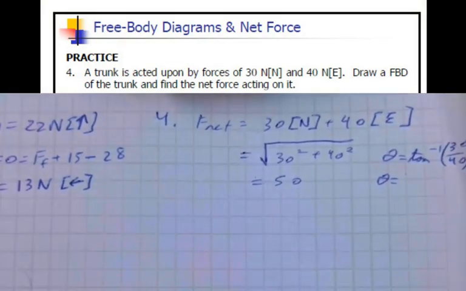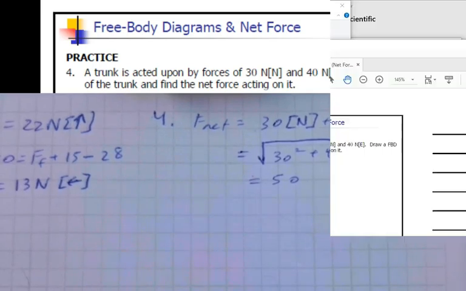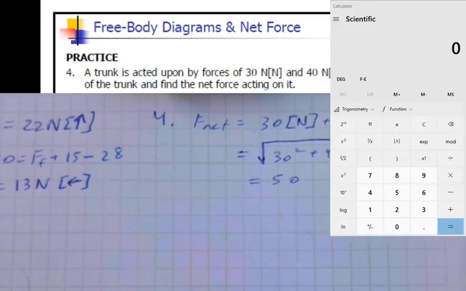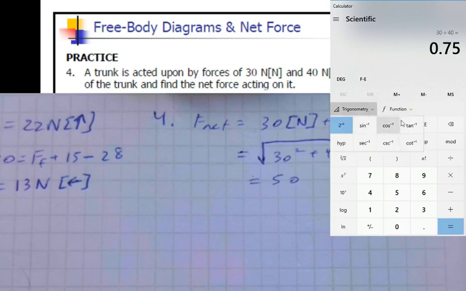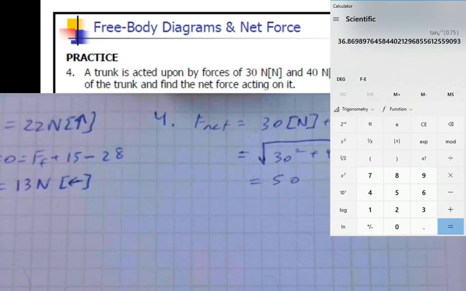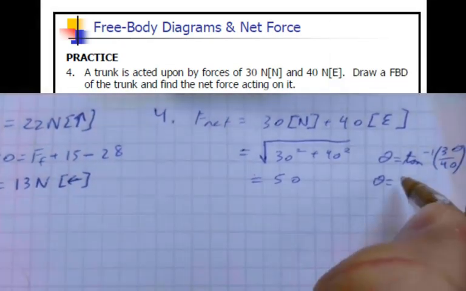Sorry, I don't think we end up with 53. Let me calculate that, actually. So let's turn our calculator on. We have 30 over 40. That would be 0.75. And if we find the inverse tangent of that, we get 37 degrees. So this is 37 degrees.